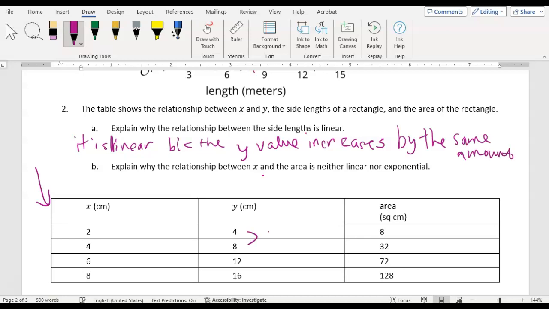So here we're adding +4, +4, +4. Now here we're going up by 2, so notice we're not going up by 1s incrementally, but still we're adding 4 each time. And so when that pattern is there that we're adding each time, we know it's going to be linear.